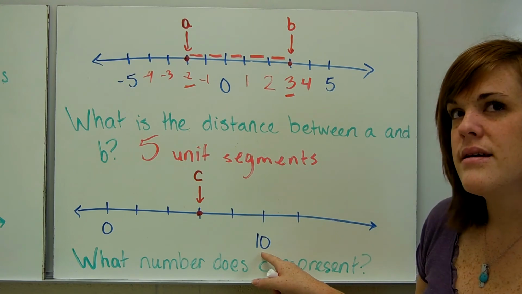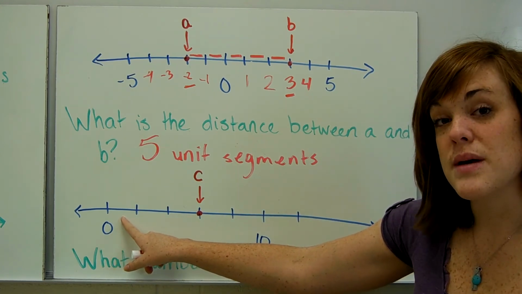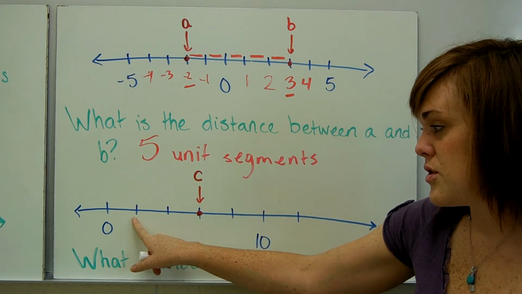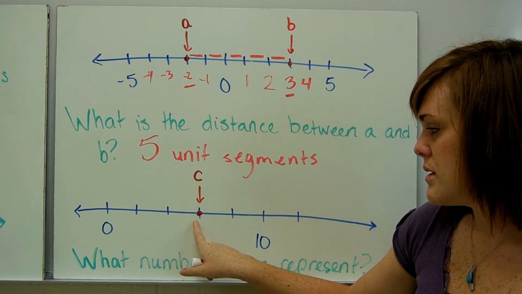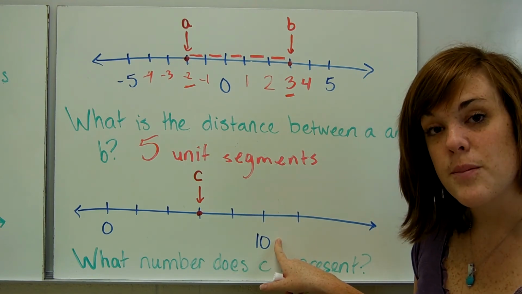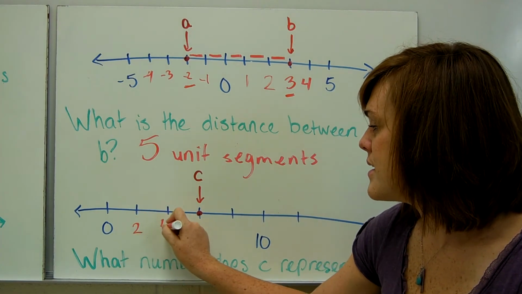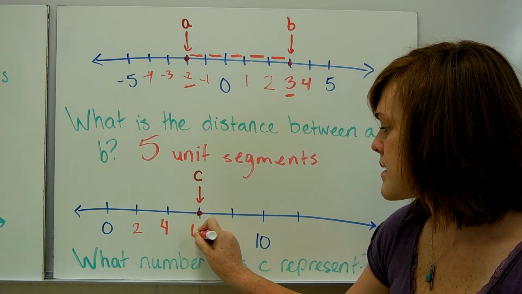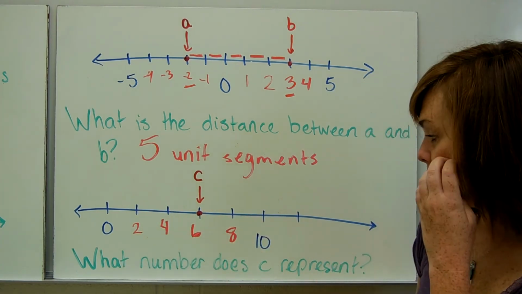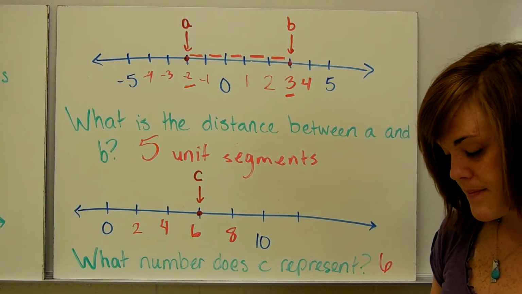But this is 10, which is twice as big as 5. So let's try making each of these 2 times bigger, which would be 2, 4, 6, 8, 10. That worked out because I landed on a 10 and that's what I was counting by. So these are each 2. That's a 6. So what number does C represent? 6.